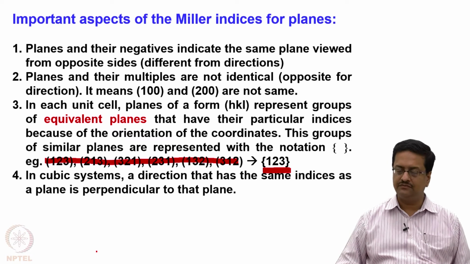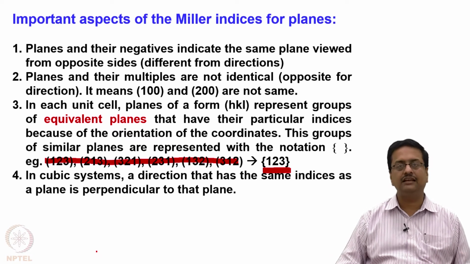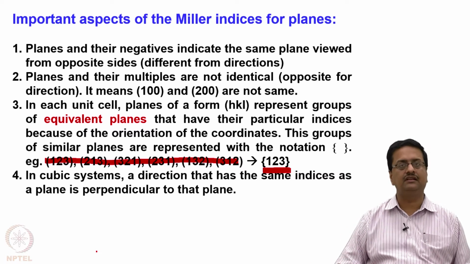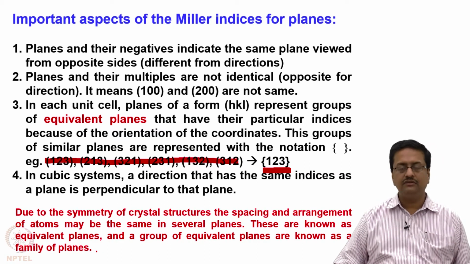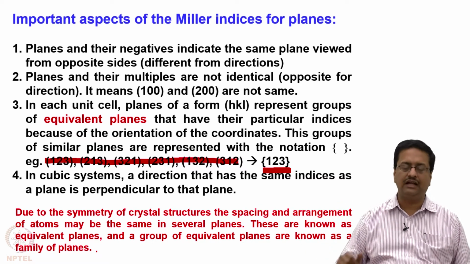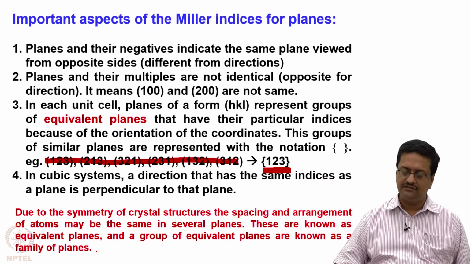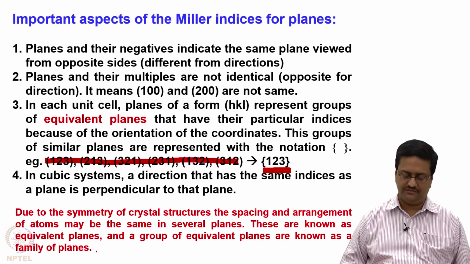In cubic systems, the direction that has the same indices as a plane is perpendicular to that particular plane. Due to the symmetry of the crystal structure, the spacing and arrangement of the atoms may be the same in several planes. These are known as equivalent planes, and the group of equivalent planes is known as a family of planes.